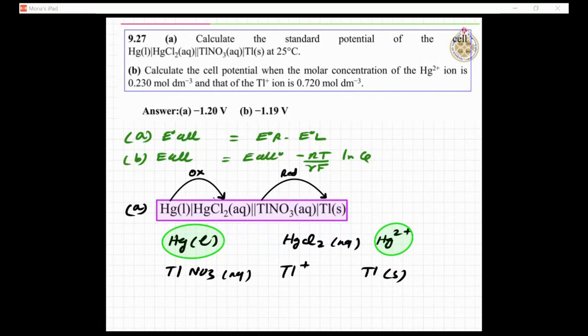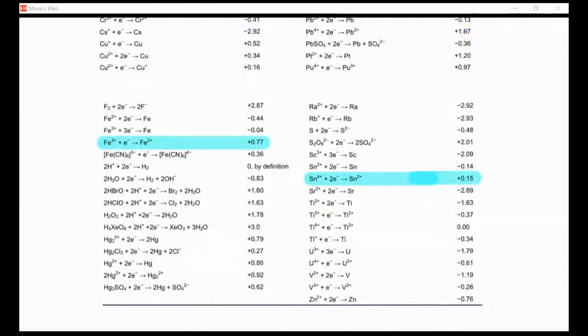So our couple is going to be Tl+, which is aqueous, and Tl solid. That is what we need to find from the table. So from the table, I will clear everything now.